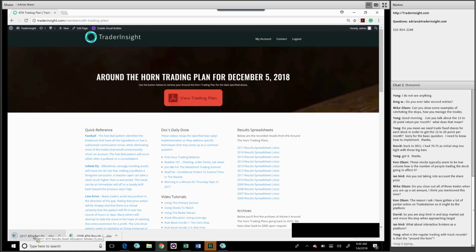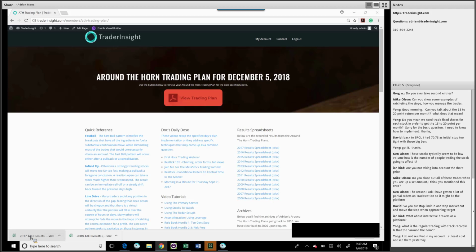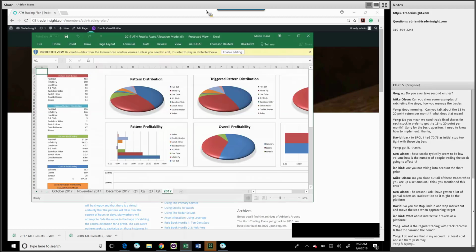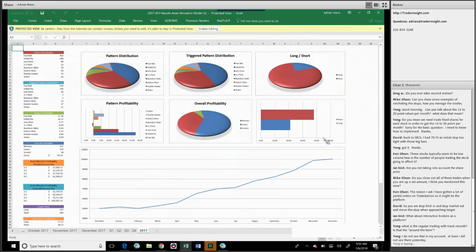It'll download the results to your computer, and then you can open the spreadsheet, and then you can go back through and look.